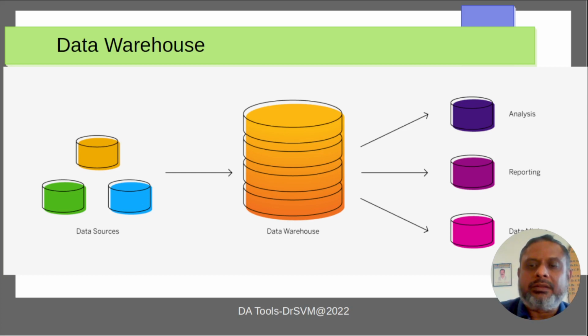The central repository is the data warehouse, whereas these smaller chunks are the data stores or data marts. For analysis purposes, whatever data is required is extracted from the warehouse and dumped onto this storage temporarily, and then analysis is done. This temporary storage, where only the required amount of data is used, is the data store or data mart.